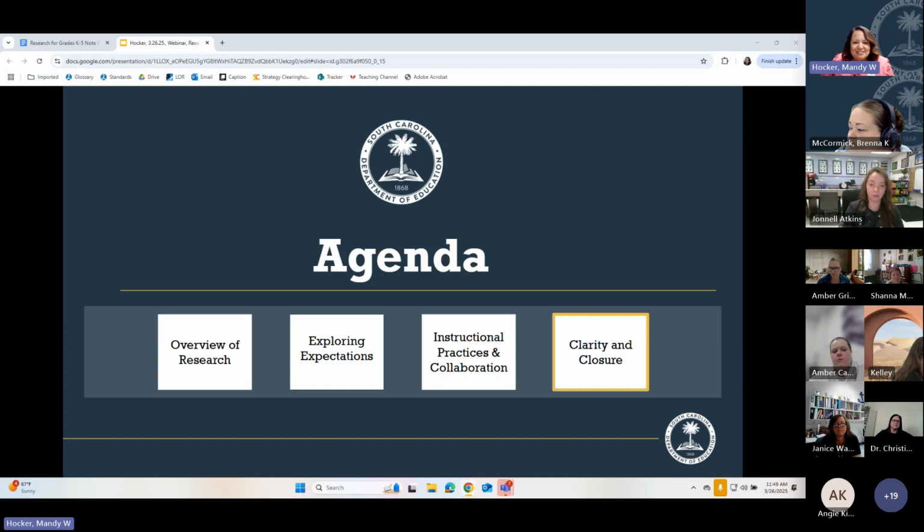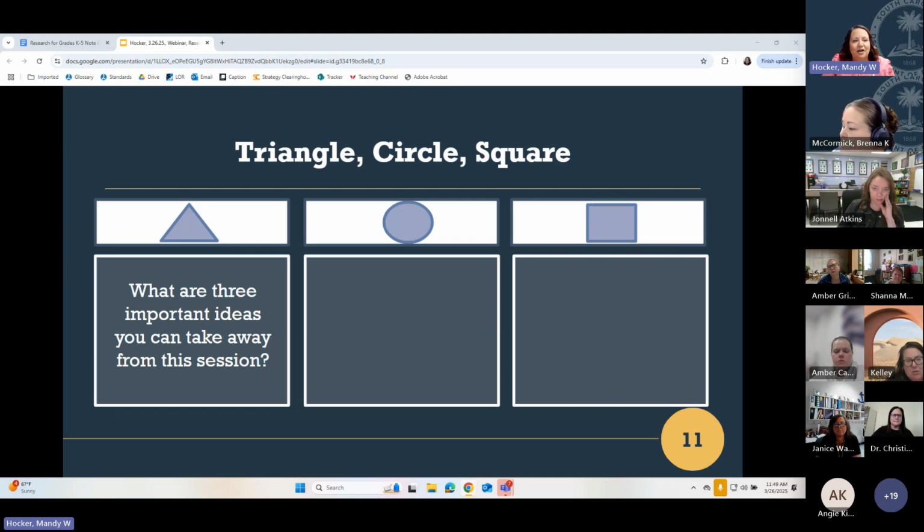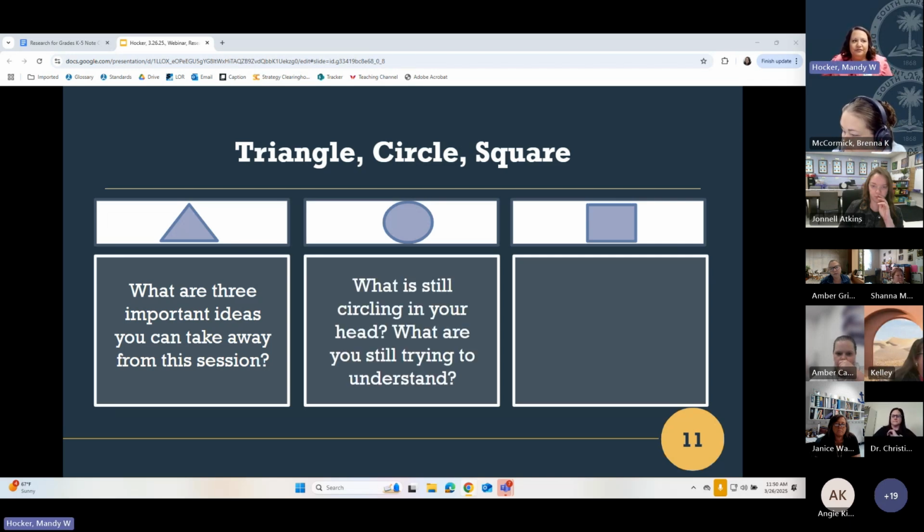Okay, now that moves us to the end of our session together today, and we are going to do a little reflection on our entire time together. This is one of my favorite reflections, and it is triangle, circle, and square. For our triangle, in your note catcher box 11, I want you to write down 3 important takeaways from our session together today. For circle, I want you to write down what is still circling around in your head.